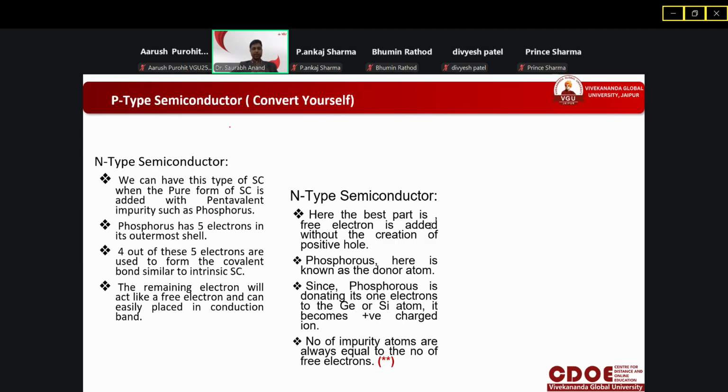Similarly for p-type semiconductor, we have to actually convert. So I am just telling you, in p-type semiconductor, 4 electrons are in the pure semiconductor and 3 are in the trivalent. So there are 7. It means it cannot complete the octet.